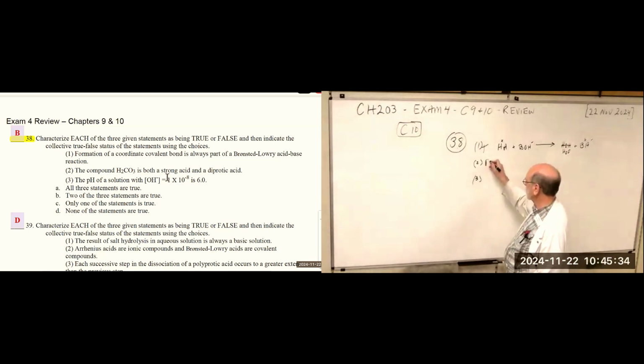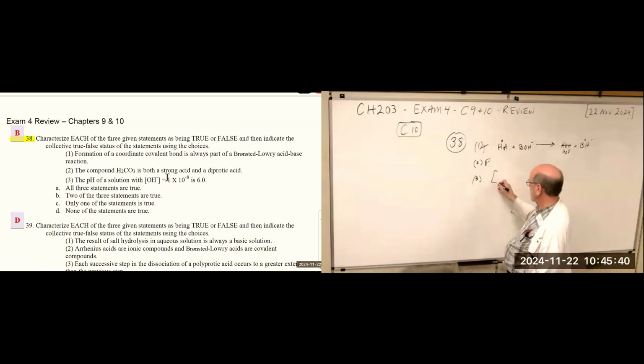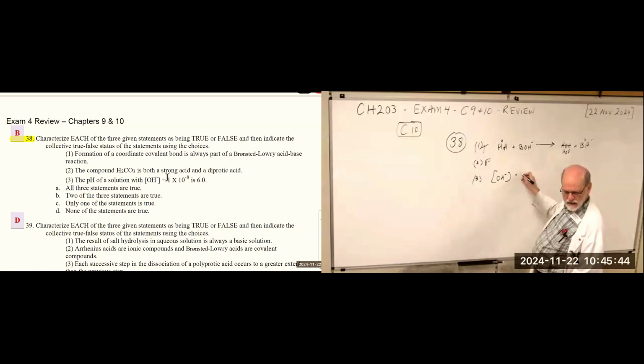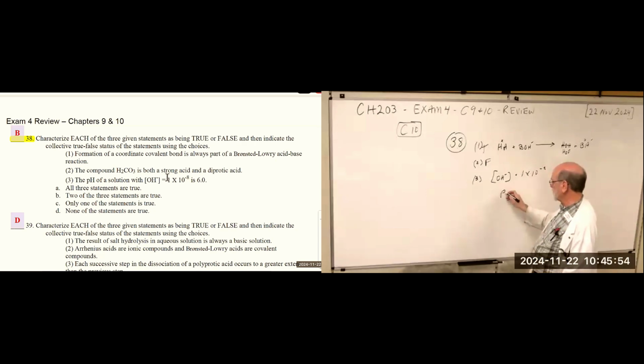That's false. And 3, the pH of a solution with OH minus of 1 times 10 to the minus 8 is a pH of 6. Okay, simplest way here, what's the pOH? pOH is negative log.